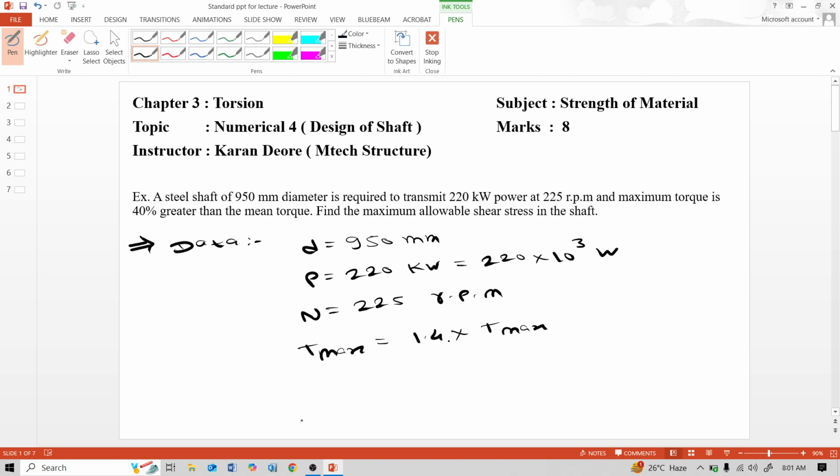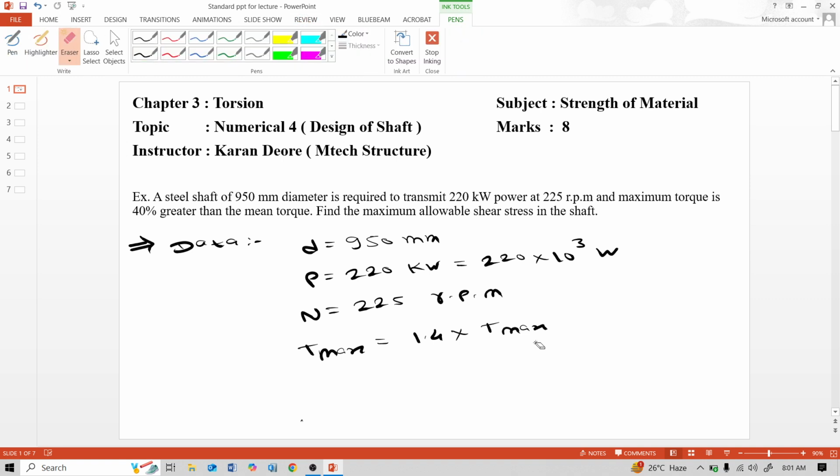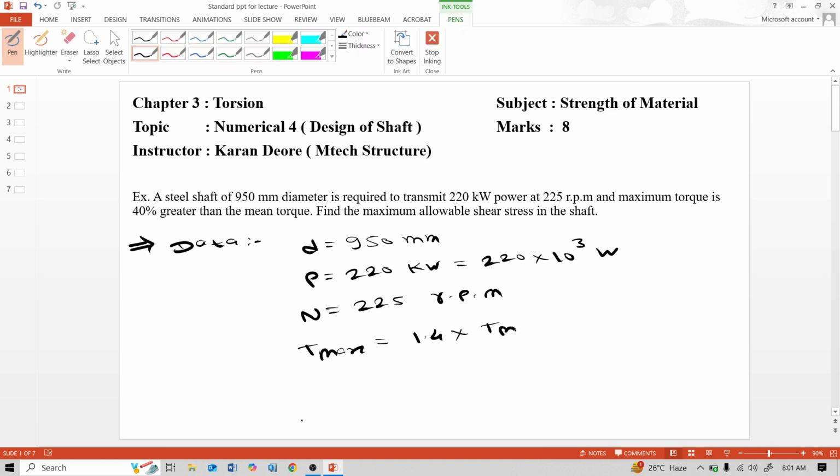Maximum torque is 40% greater than mean torque. From this data, we have to find the maximum allowable shear stress, tau max.